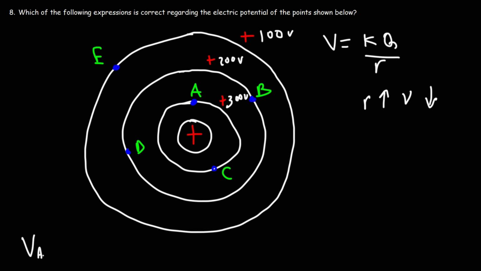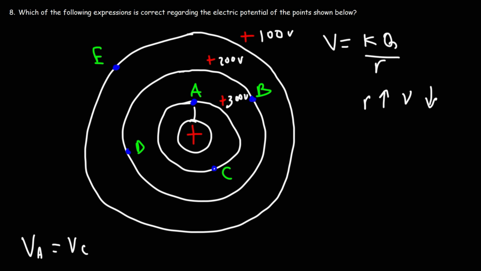As you move away from the central positive charge, the electric potential decreases. So the potential at A is the highest for the points listed, but A is equal to C because they're on the same equipotential line. The distance between point A and the charge is the same as the distance between point C and the charge.